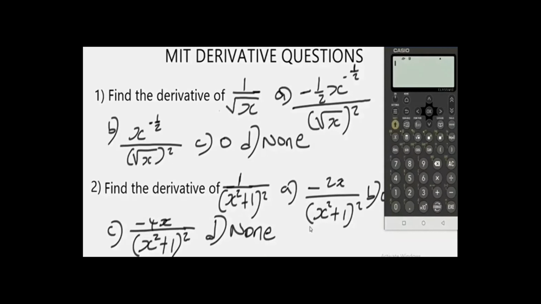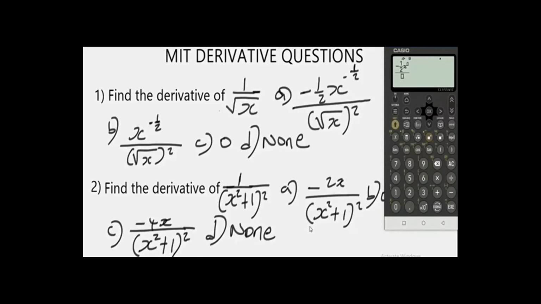Option A is in fraction, so we make use of this fraction button. Let's input the numerator values. We have minus in fraction, we have 1 over 2. This is how you are going to present this on this calculator. So we have x, bring out x, press this shift button and this 0 button. To the power, make use of this power button.